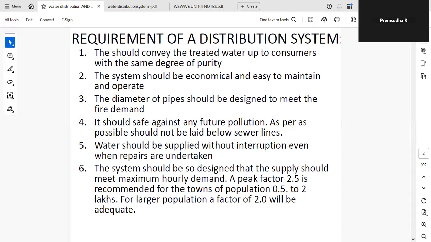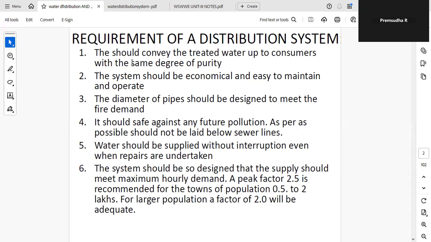What is meant by water distribution? After treatment, the water is conveyed to the consumers through the distribution network.